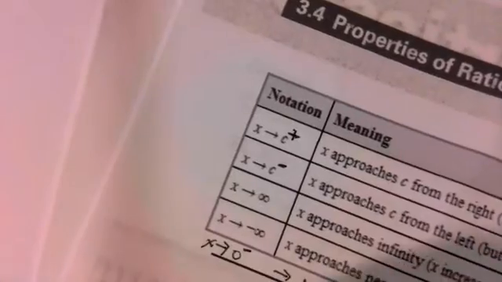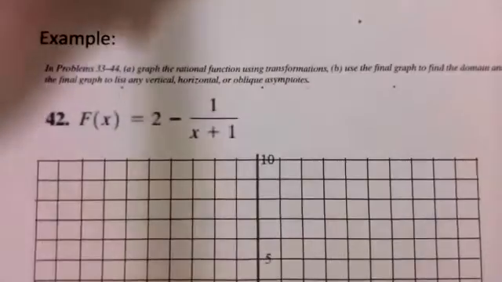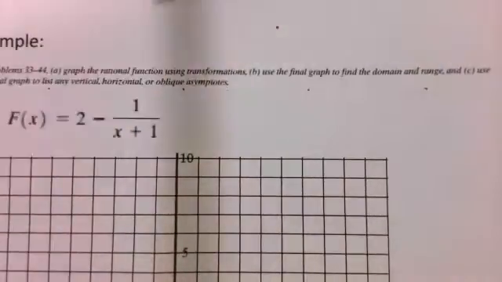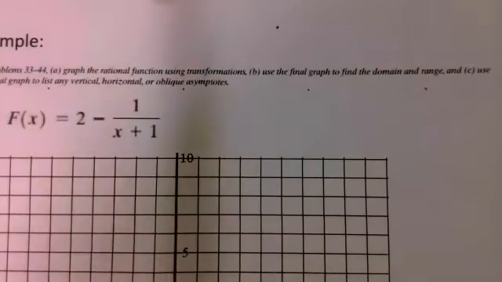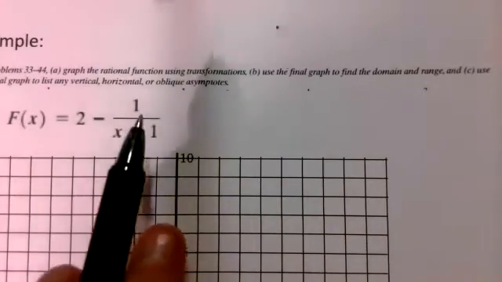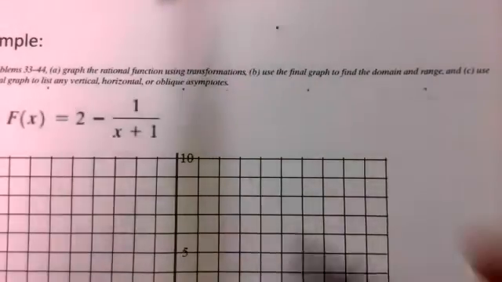So just like when we were talking about transformations in the rest of the class, we're talking about transforming some basic function, or you could call it a parent function or the original function. And so with the rational functions, you know how with the quadratic function, the basic function would be y equal x squared.